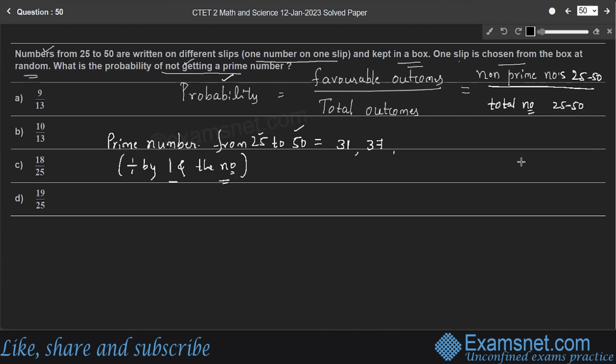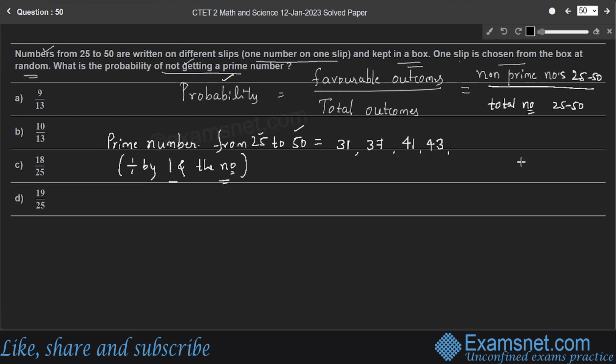Here all even numbers are non-prime numbers, they cannot be prime, because even numbers are divisible by at least one number, which is 2. So 39 is not a prime number, which is divisible by 3. Then it comes 41, which is a prime number. 43 is a prime number.